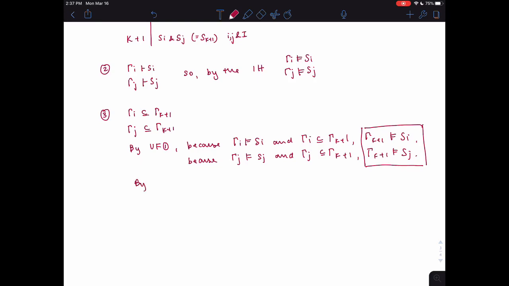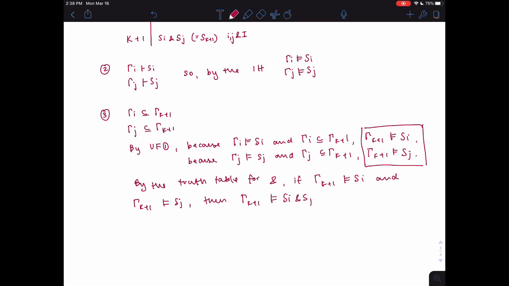By the truth table for ampersand, if gamma k plus 1 truth functionally entails Si, and gamma k plus 1 truth functionally entails Sj, then gamma k plus 1 truth functionally entails Si and Sj. A conjunction is true if and only if both of the conjuncts are true, and we've proved that both of the conjuncts are true at line k plus 1, so we can conclude that their conjunction is true at line k plus 1.